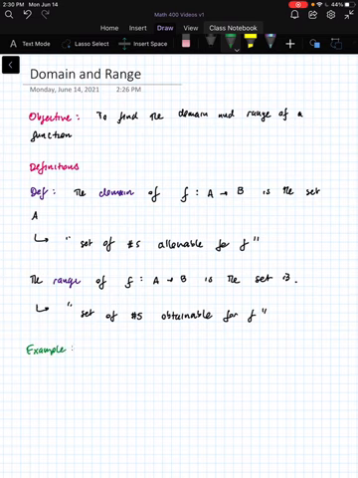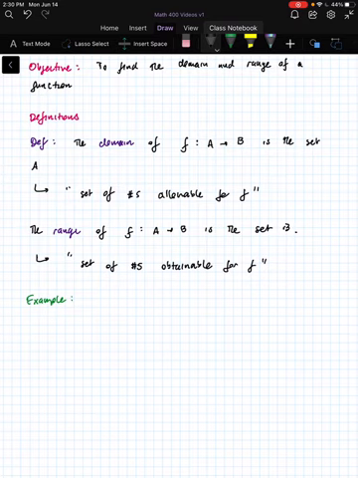Seeing examples is helpful in this case so that we can explore the different kinds of functions that have, for instance, restricted or completely unrestricted or very restricted domains.